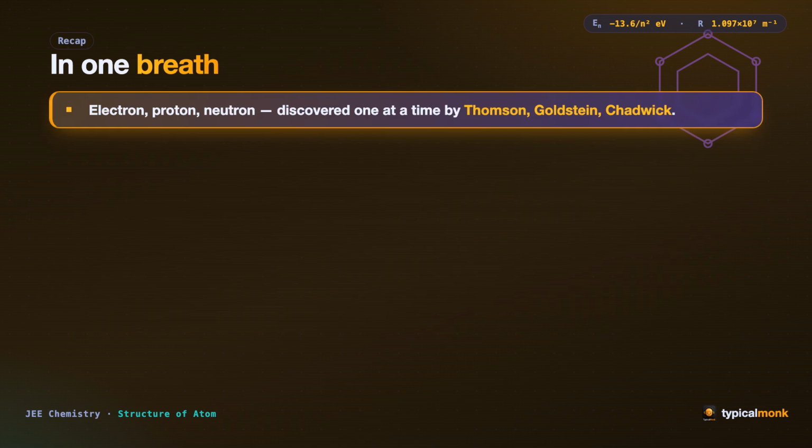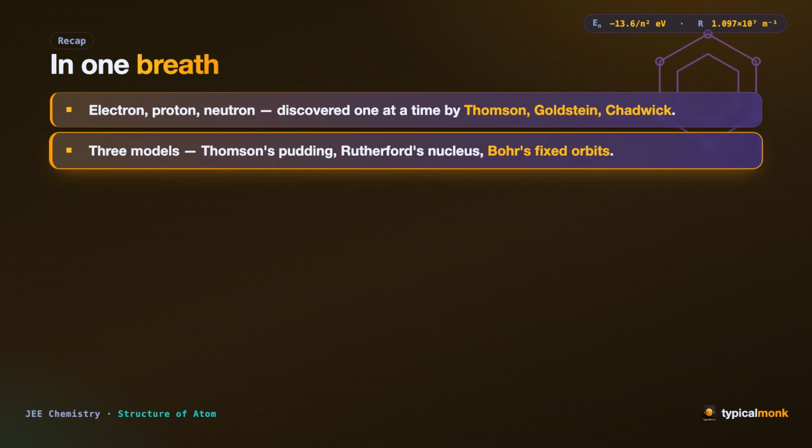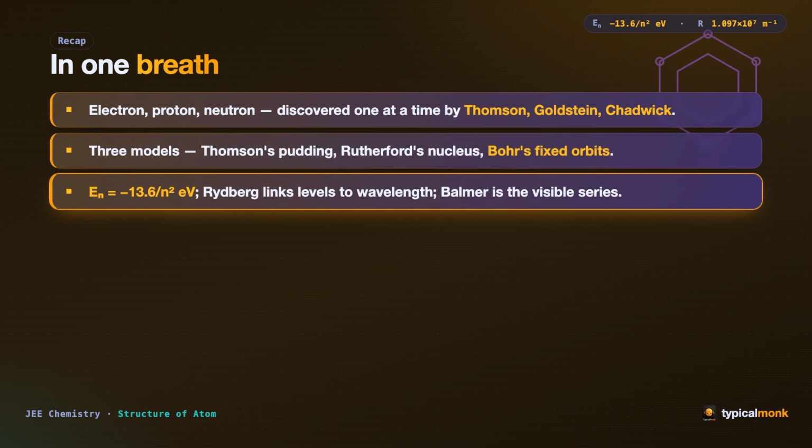Let us gather the whole class in one slow breath. The electron, the proton, and the neutron were discovered one at a time by Thomson, by Goldstein, and by Chadwick. 3 models, Thomson's pudding, Rutherford's tiny nucleus, and Bohr's fixed orbits, each one a repair of the last. Each hydrogen level carries the energy minus 13.6 over n squared in electron volts.